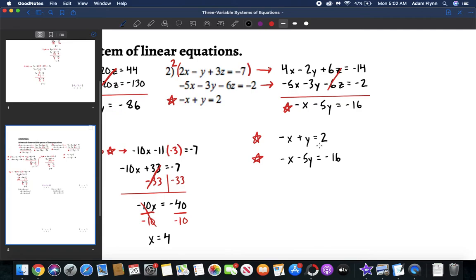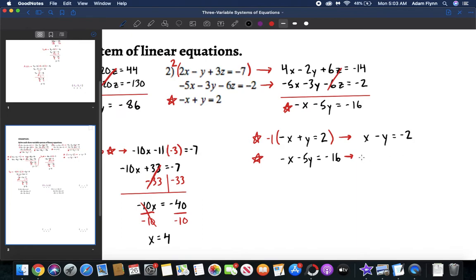So I'm going to use elimination, taking a look at my variables x or y. I think it's going to be a little bit easier to eliminate my x's, so I need to make one of those a positive x to make that happen. So I'm going to scale my top equation by negative 1. So when I do that, my top equation, all the signs are going to flip, so it will become x minus y equals negative 2.